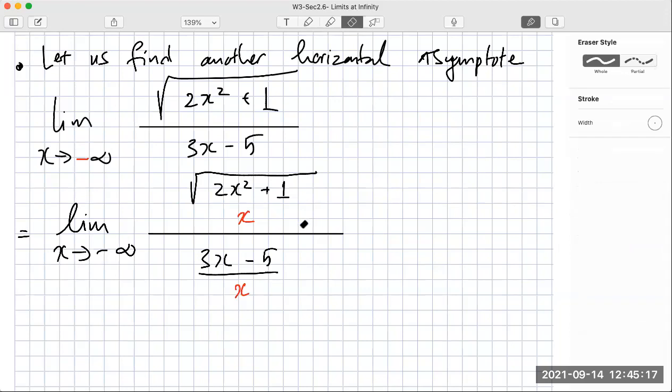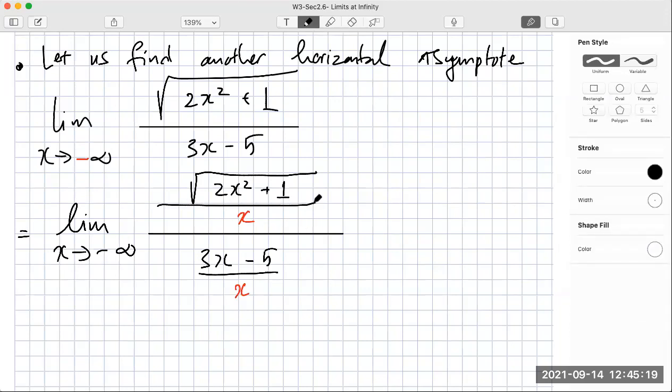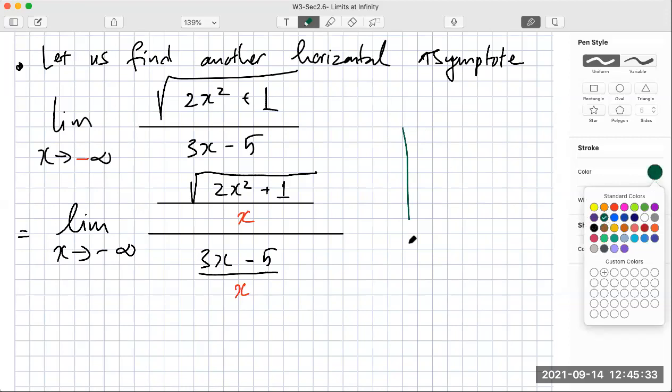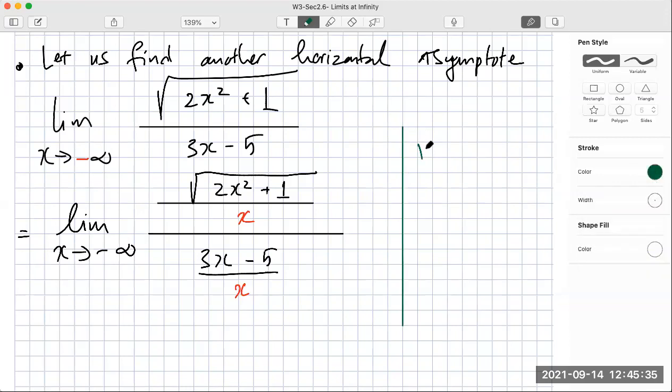But now it's very tricky because here x goes to negative infinity. And we know that, as we wrote last time, the absolute value of x is negative x if x is negative, right?